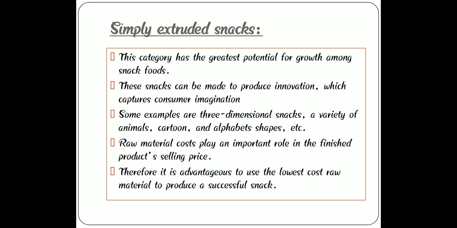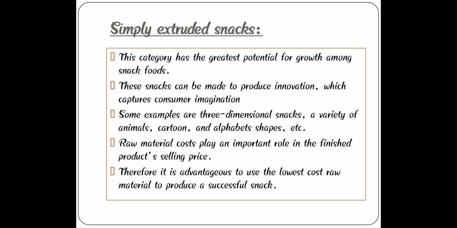So first one is simply extruded snacks, or you can also say the first generation. This category has the greatest potential for growth among the snack foods. The snacks can be made to produce innovation which captures consumer imagination.